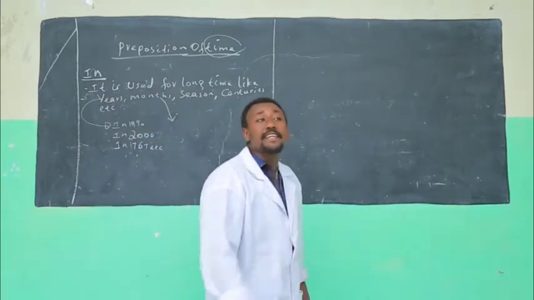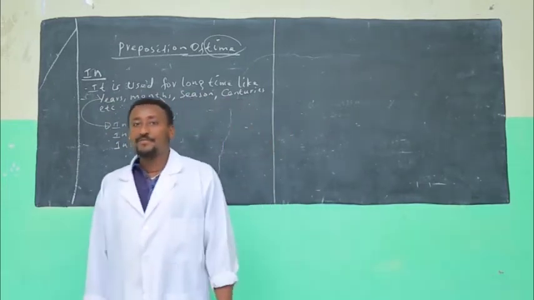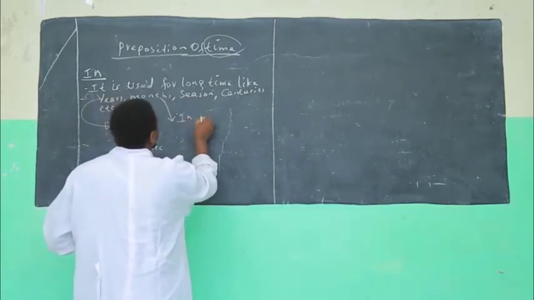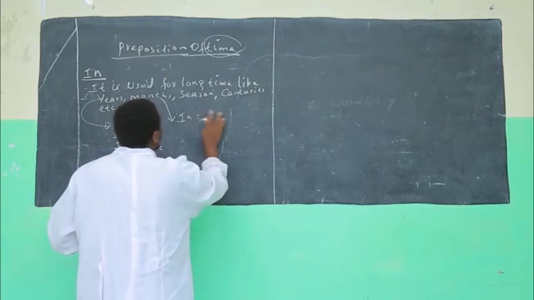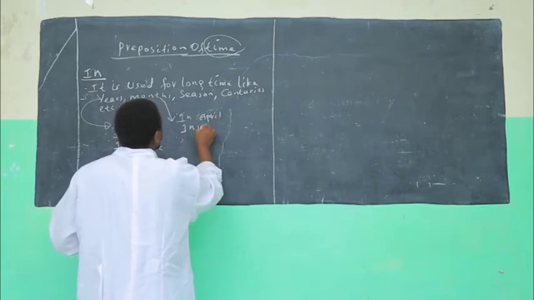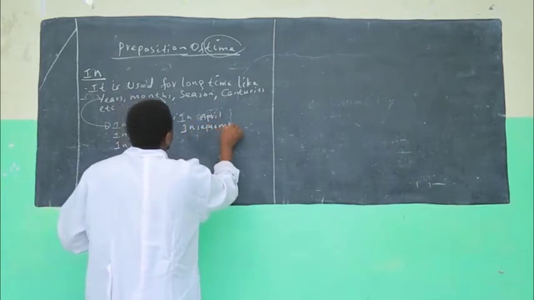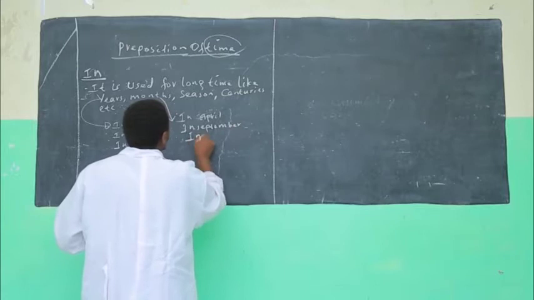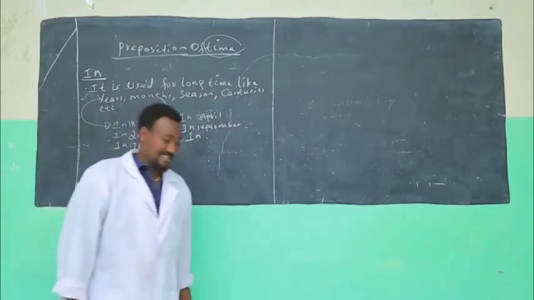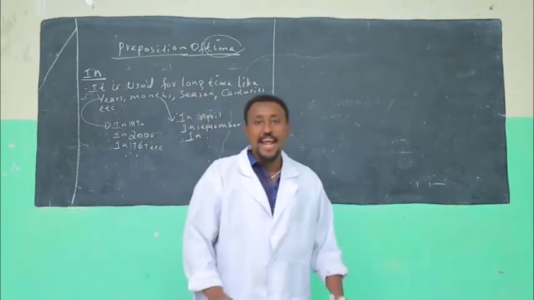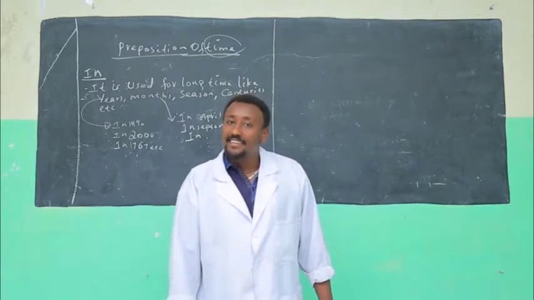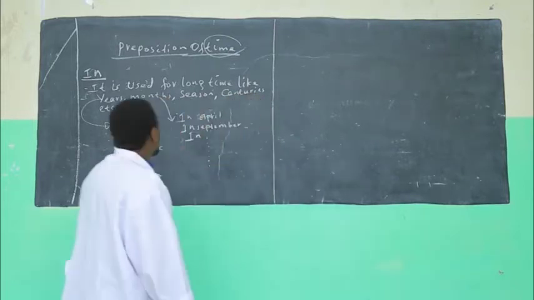If the date is not given, for months we have to say in September, in July, in April, in whatever. For all months, we say "in". Understand? Excellent. What about seasons?